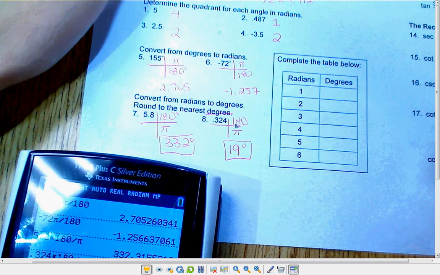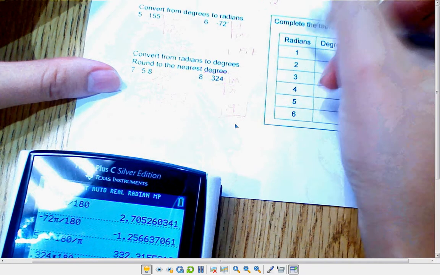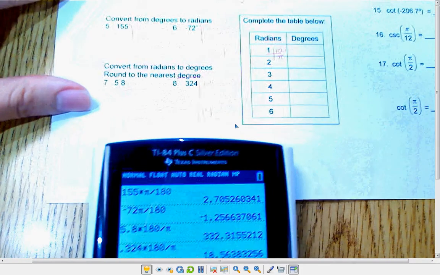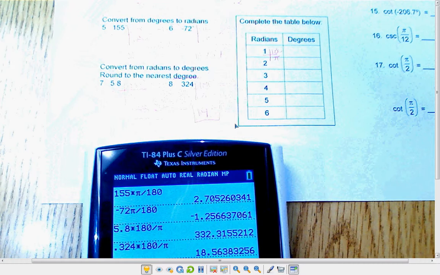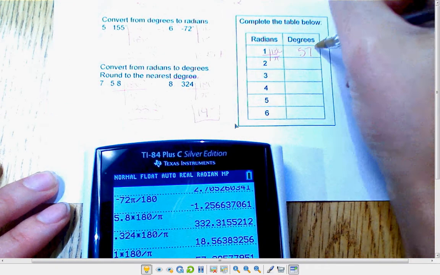And so using our conversion, if we're converting from radians to degrees, this is just 180 over pi. We're going to find all of our degrees for each of these radians. So 1 times 180, this is 57.